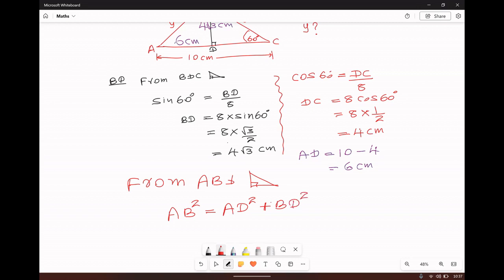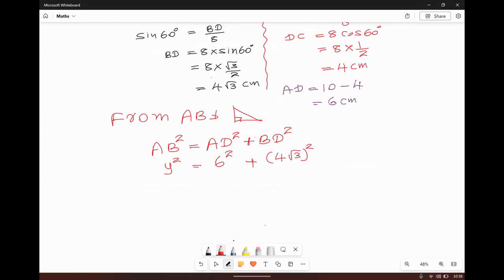We already determined those two. So y squared is equal to AD, which we just worked out, 6 squared, plus the BD length from the previous step, which is 4 root 3 squared.